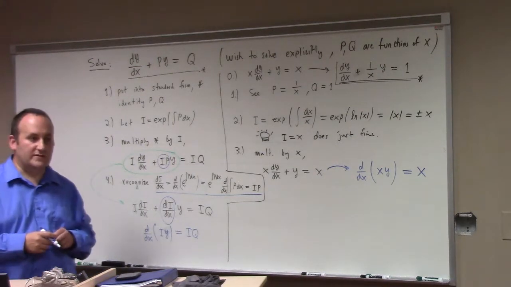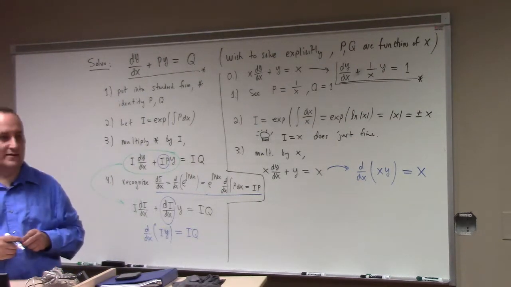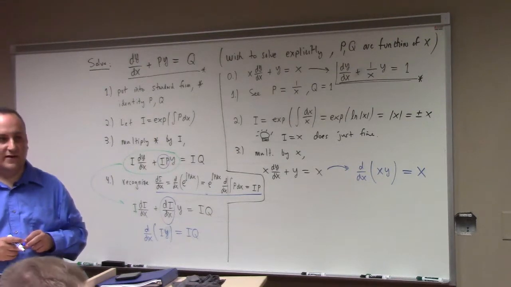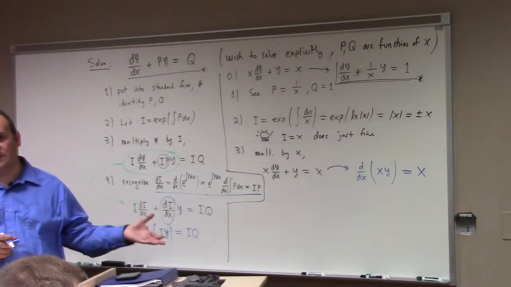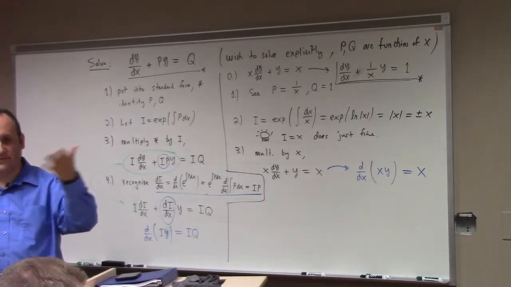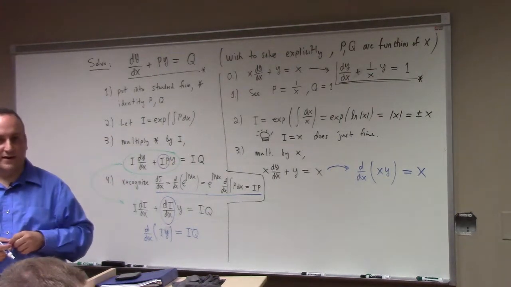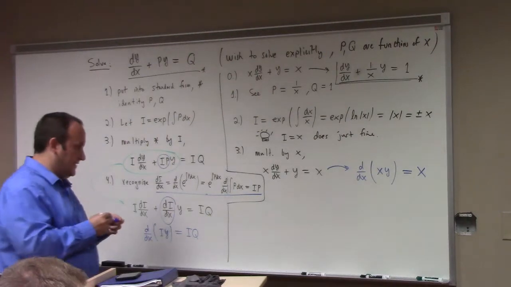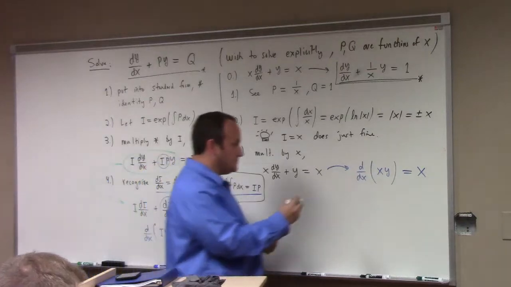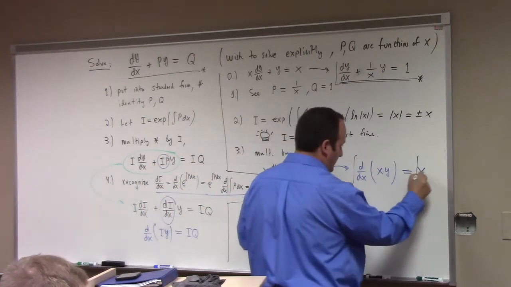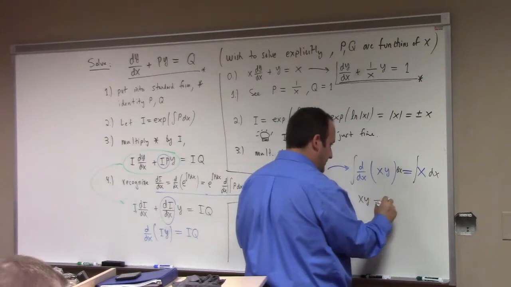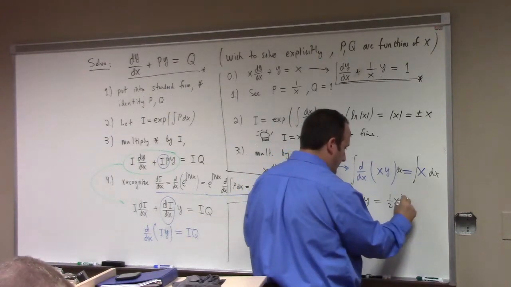We taught you how to solve that back in Calculus 1 when you first studied initial value problems. If you've got y prime equals a function of x, you just anti-differentiate. y equals the antiderivative of the function of x, plus a constant. So all I'm trying to say is integrate both sides. We're almost done. So that gives me xy equals 1/2 x squared plus a constant.